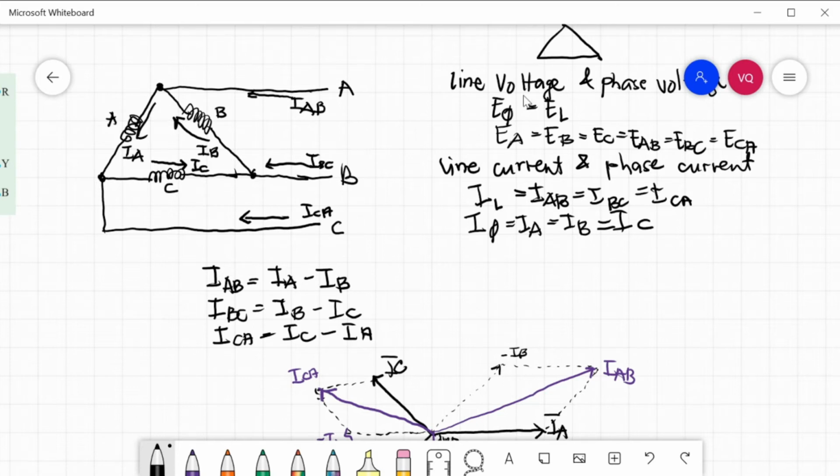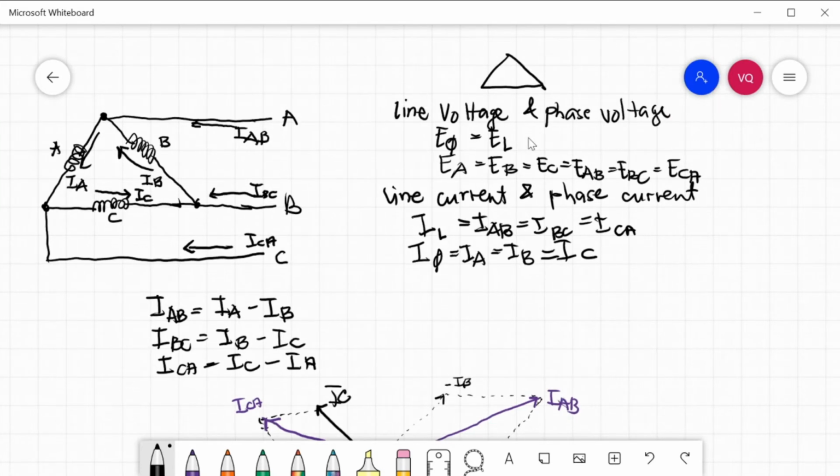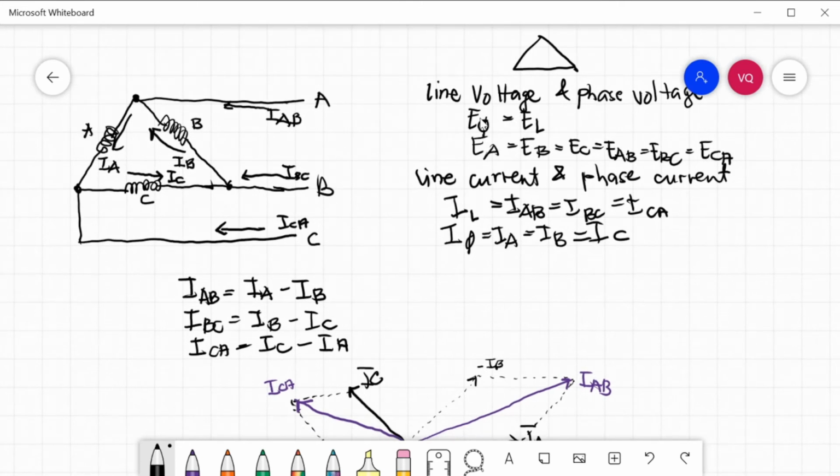For the line voltage and phase voltage of a delta connection, the phase voltage is equal to the line voltage. So EA, EB, EC are equal to EAB, EBC, and ECA.